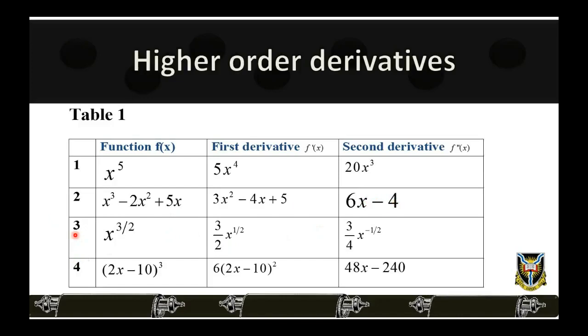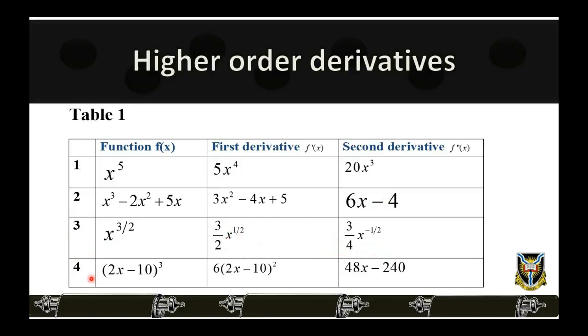Third function, x to power 3 over 2. The first derivative will give us 3 over 2 x to power half, and the second derivative will give us 3 over 4 x to power minus half.